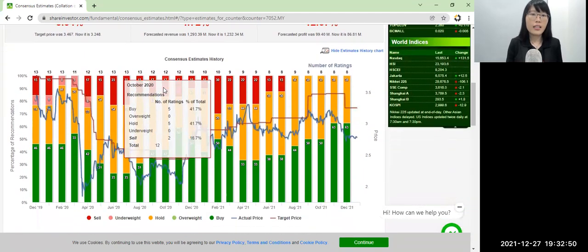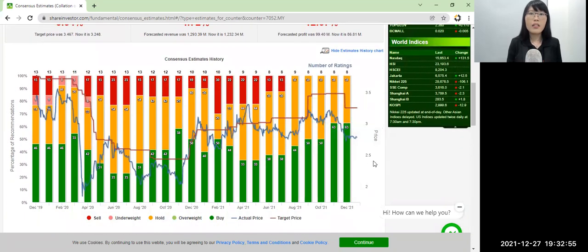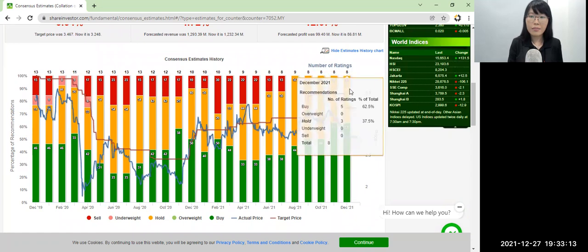So you can see in December 2021, no sell recommendation is given. There are 8 ratings in total. There are 5 ratings to ask you to buy, and only 3 ratings ask you to hold.